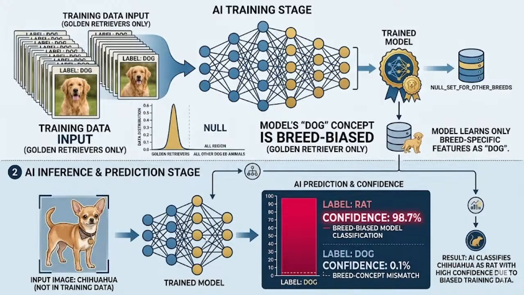You might have a scenario like this play out: it's 98.7% confident that this might be a rat, due to the bias in the training data. Low confidence in it being a dog, so we're way off on what it should be labeled. It should be flipped. That was all because the data given was just golden retrievers. So this led to a bad outcome.